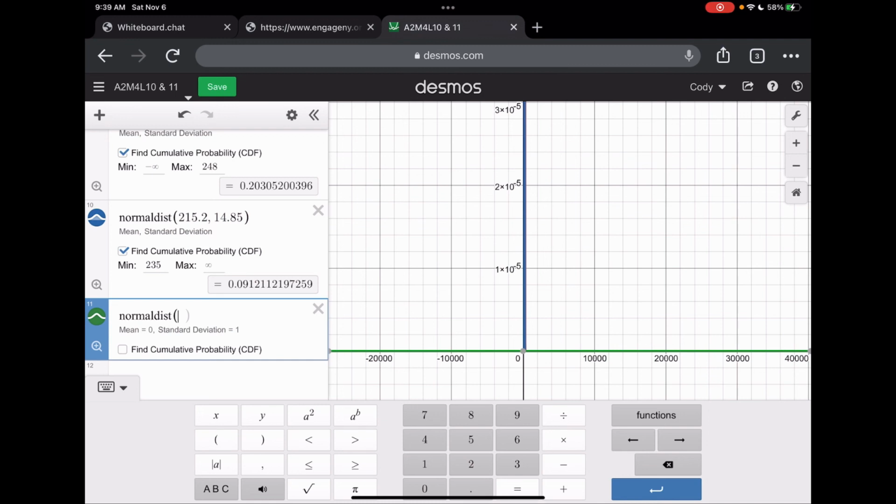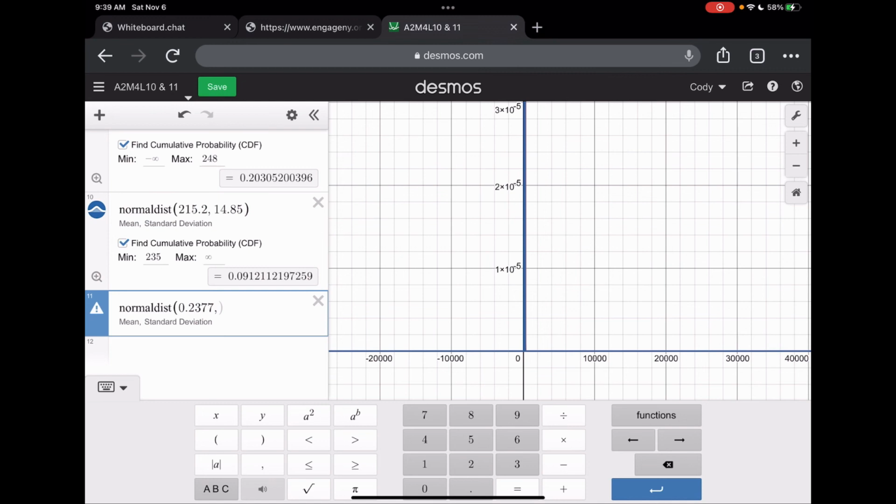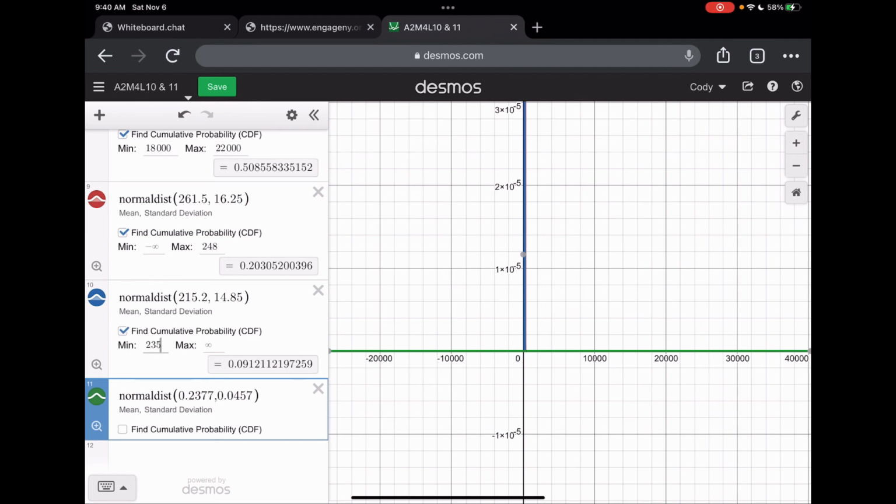Okay, so we had a mean of 0.2377. And then the standard deviation was 0.0457. And it wanted you to find the at least 0.25, so that would be a minimum.